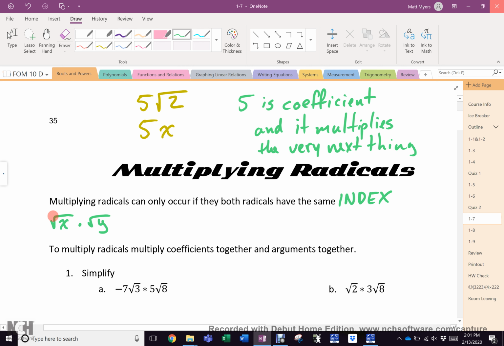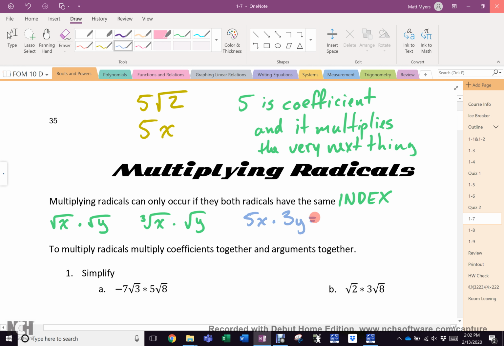It's perfectly fine because that's a 2 and that's a 2. Everybody with me? Okay. Cube root x times root y. After tomorrow, that is okay too. But right now, is that okay? No, because they have different indices. Everybody cool? All right.